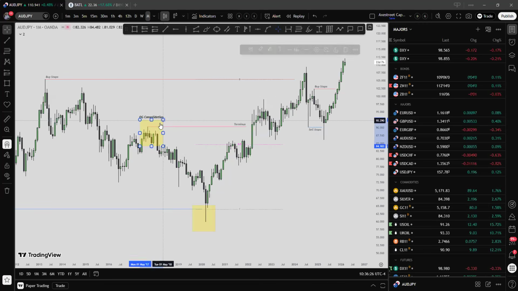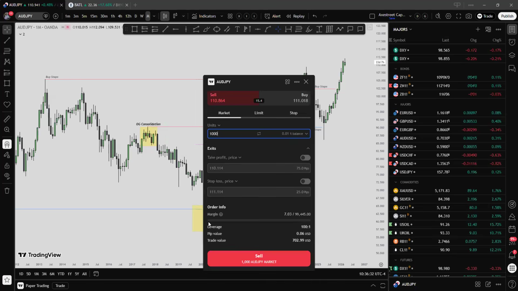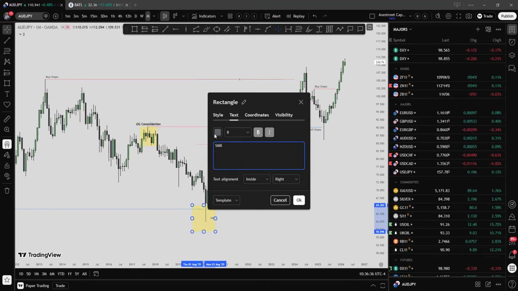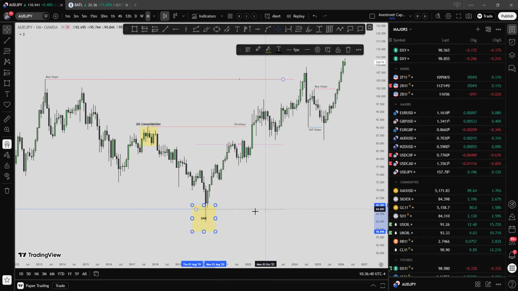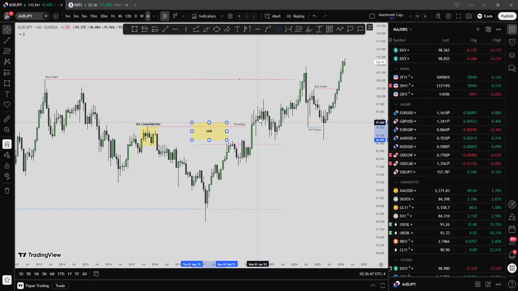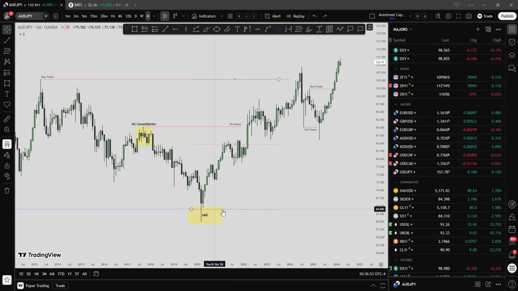Don't want to keep you guys up for too long in here. So let's move forward. Okay, here's our smart money reversal. And this is terminus over here. Perfect. There we go.